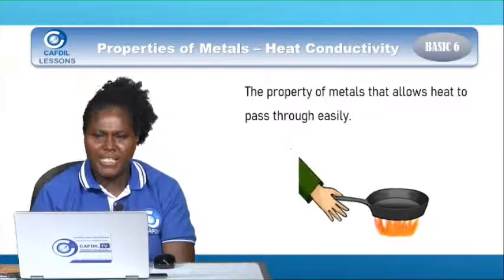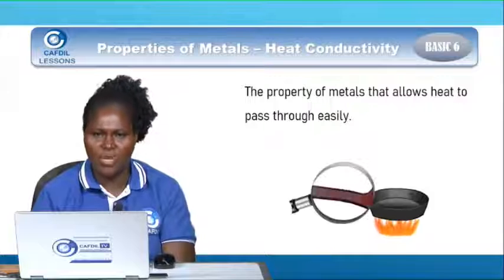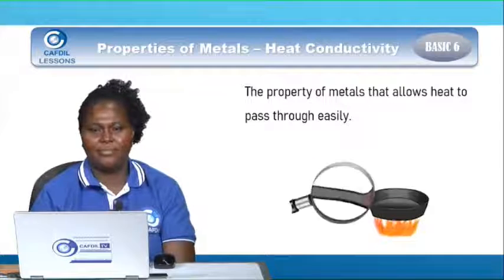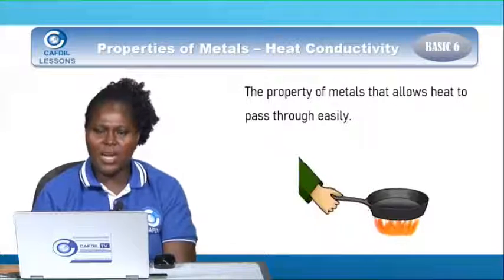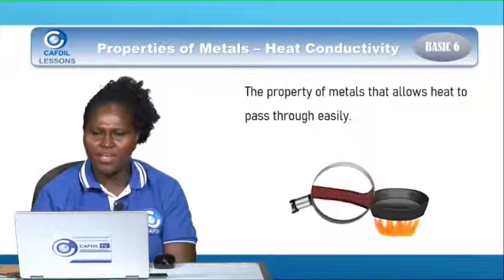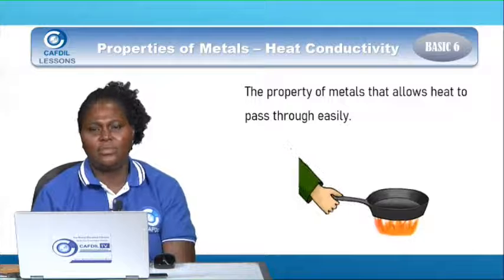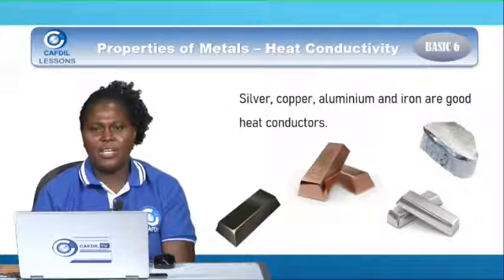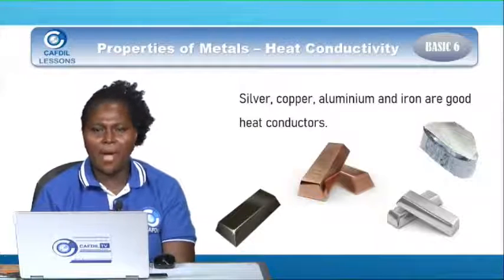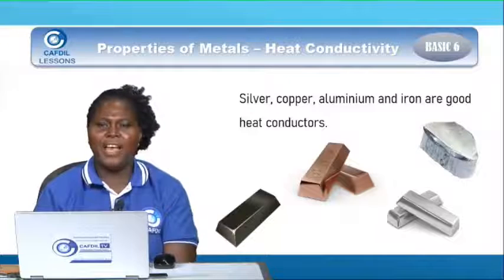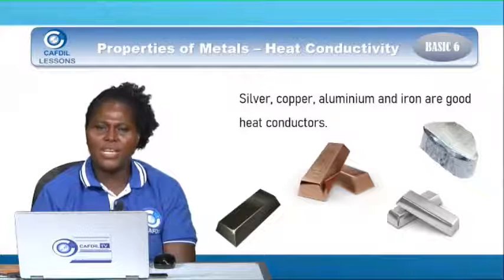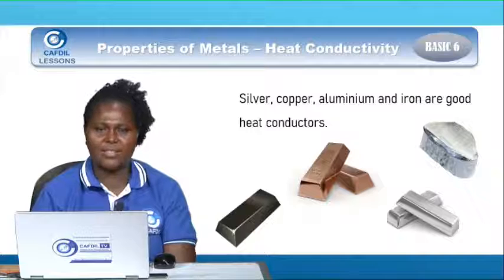So the heat is passing through the pan. And this one allows us to cook our food. Good. Silver, copper, aluminium, and iron are good heat conductors.